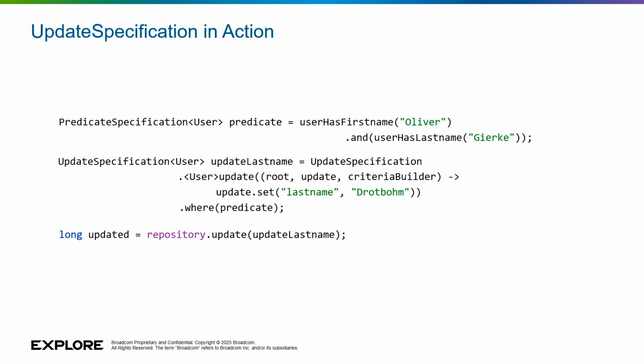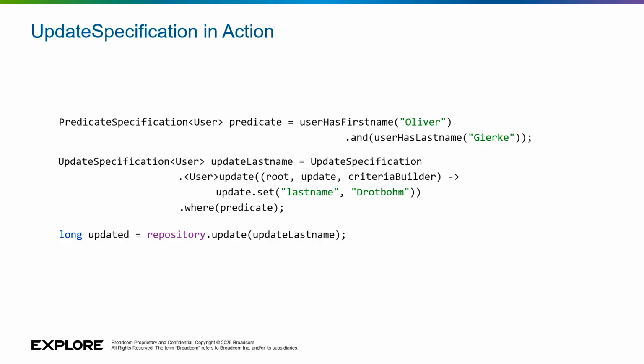We get this tuple that comes in with a root update and a criteria builder. Then we say update.set the last name to Drotbohm, where, and then the predicate. And so you can see this is update user table where first name Oliver, last name Gierke, set last name equal to Drotbohm.